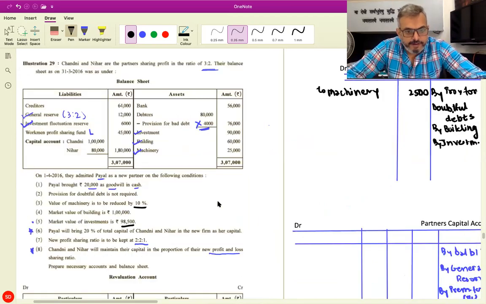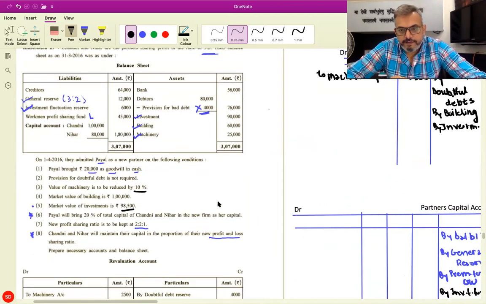So investment is done. Now sixth adjustment, Payal will bring 20% of total capital of Chandni and Nihar in the new firm as her capital. Now over here, before we find out the total capital of Chandni and Nihar, we also have to give the share of revaluation profit or loss.